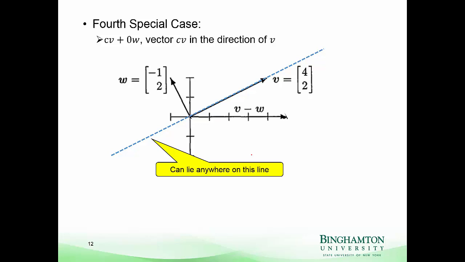And then the fourth special case, we fix the coefficient of w to be 0, and we're left with just this. So I can create anything on this line. I could make it go out to that point, this point, not that point. Let me try to clear that up. Let me erase that.